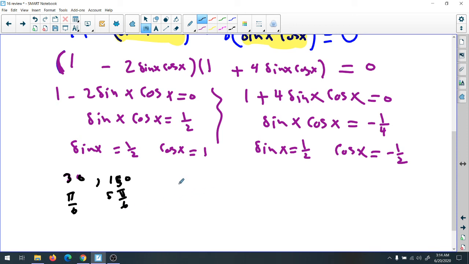Sine 90 is 1 and cosine 90 is 0. Sine 0 is 0, and cosine 0 is 1. So x is 0. And here, sine x equals a half, so we have the same solution. So pi over 6 and 5 pi over 6.